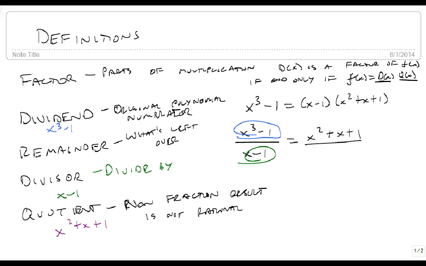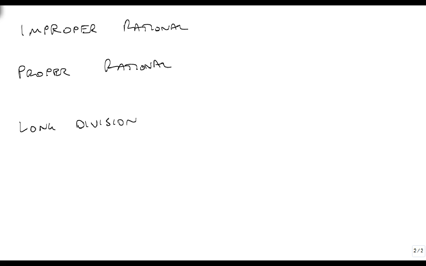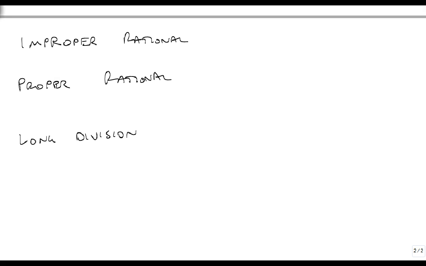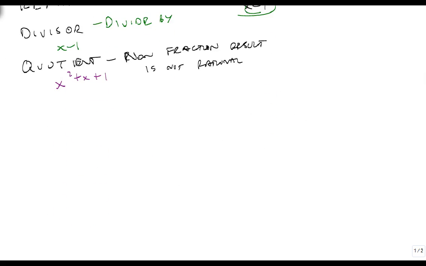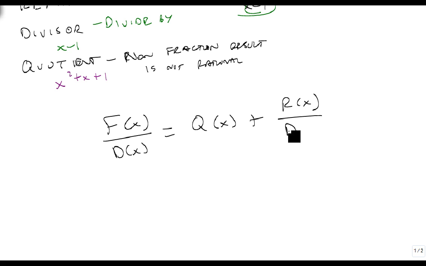And so we could write a function f of x over d of x. This could equal the quotient function plus a remainder divided by the divisor.